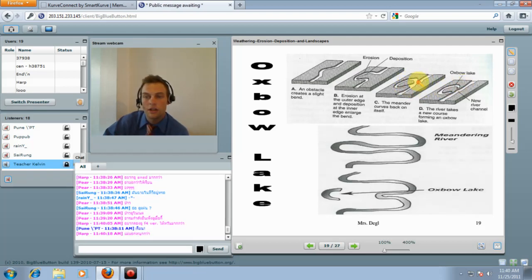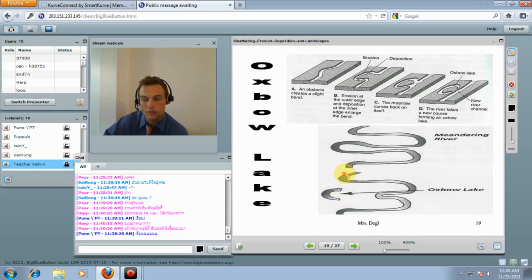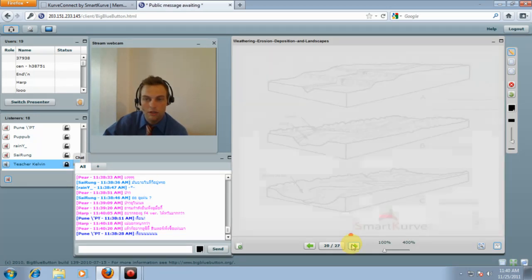As this starts adding more to this bend and this bend, you get this cut off, and this portion of water is completely isolated from the river, and that's called an oxbow lake. So here's the oxbow lake, and if this just cut off here, you'd have this big oxbow lake.